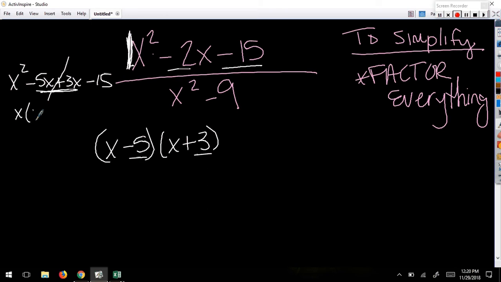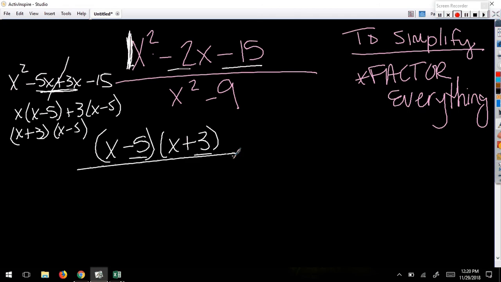So it's x times x minus 5, 3 times x minus 5, which is x plus 3, x minus 5. Okay? How about the bottom there?